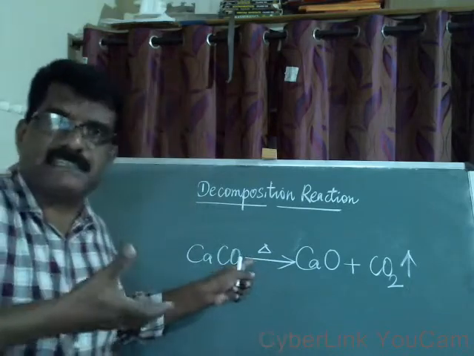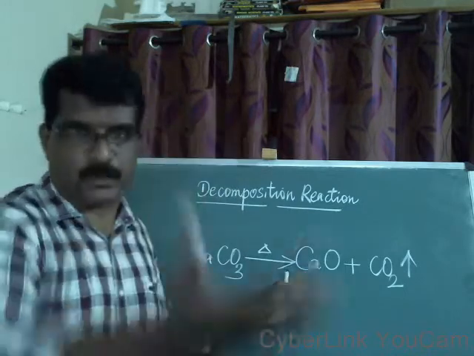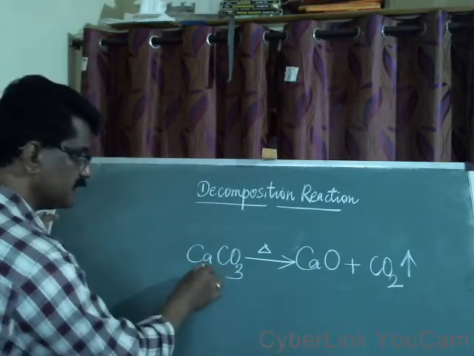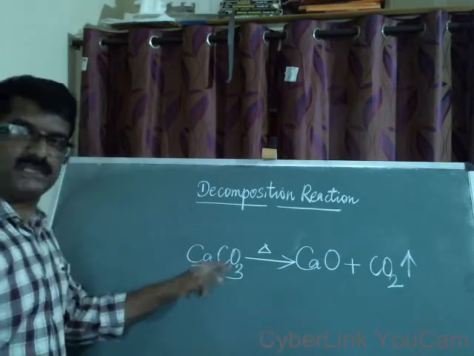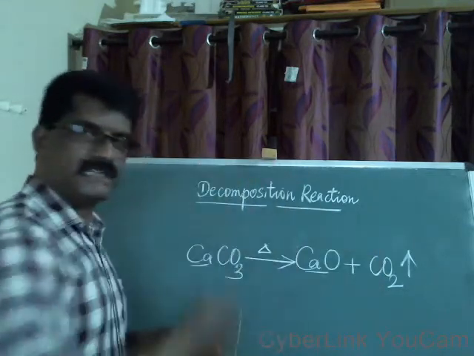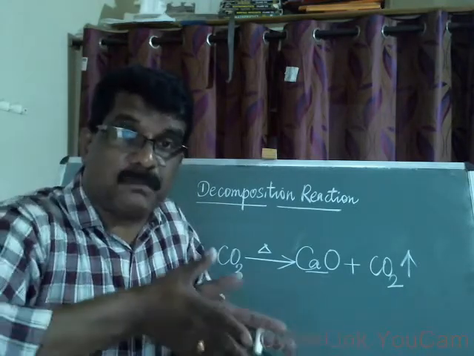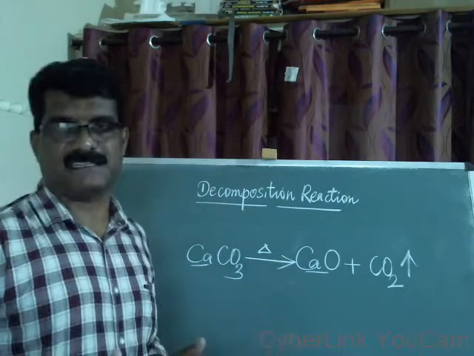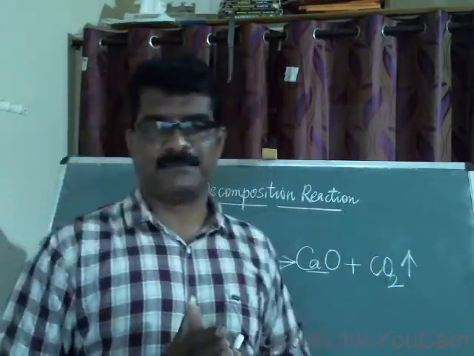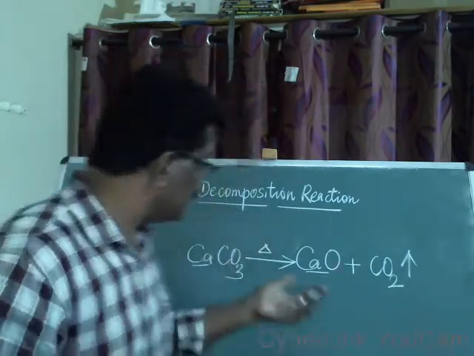When it is heated, what happens? It produces two products. That means from calcium carbonate, CaCO3, one O goes with Ca to become CaO, and the remaining is CO2, carbon dioxide. So one chemical substance splits or breaks into two chemical substances, two products. So this reaction is a decomposition reaction. This reaction is also an example of thermal decomposition. Why? Because we heated it here.